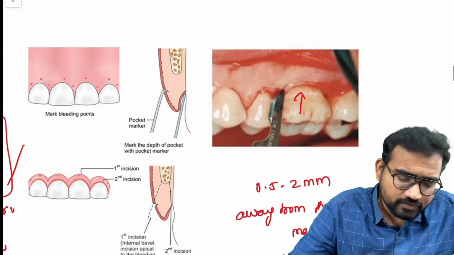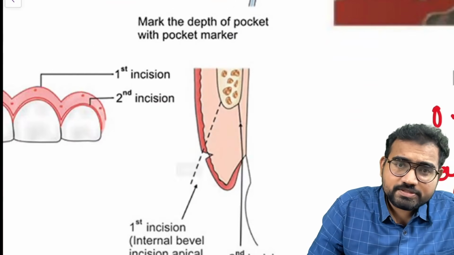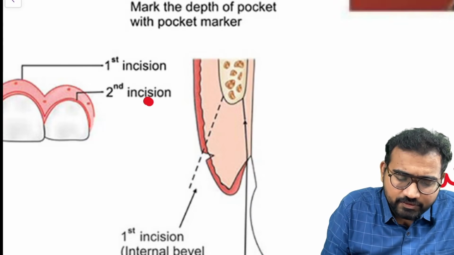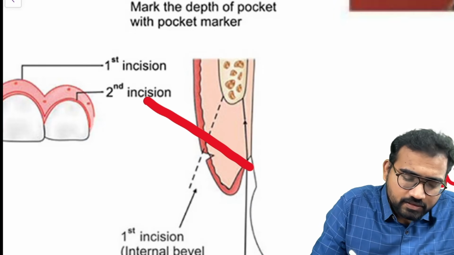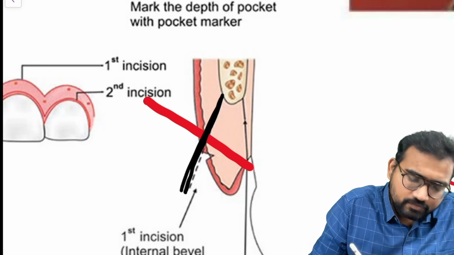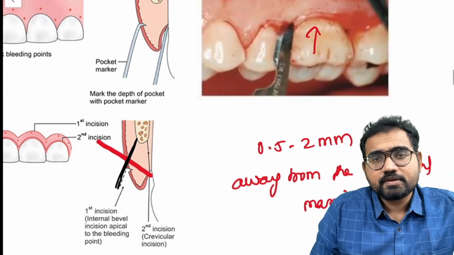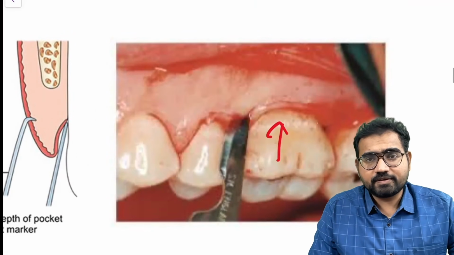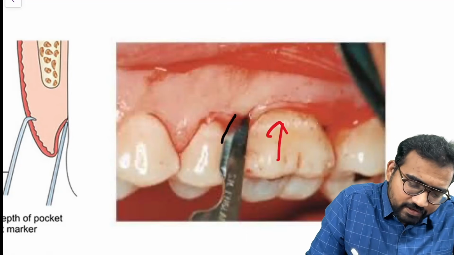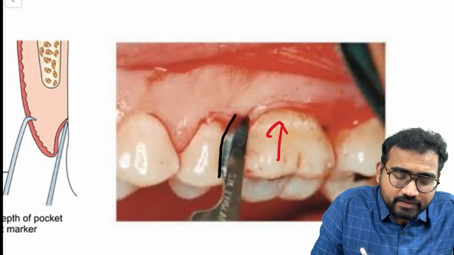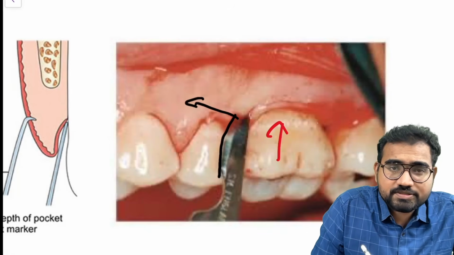What is the bevel facing towards? The bone. In external bevel, it was something like this, right? In internal bevel, I'm going to place the incision facing the bone. This is the bevel, and it hits the bone, and the blade should run in the direction of the bevel.